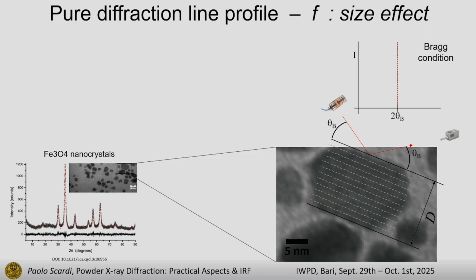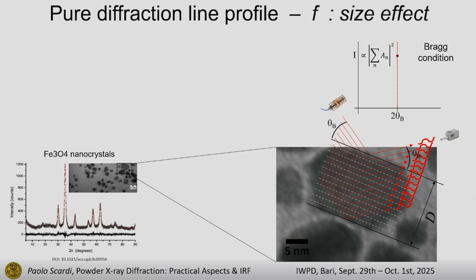At that angle, we know that all diffracted X-rays are in phase. That means that the intensity is a big number, because it's proportional to the square of the sum of the amplitudes of all scattered rays, which is a number of the order of the square of the number of atoms. So it's a big number. That's why we see diffraction, right? And this is true in Bragg condition.